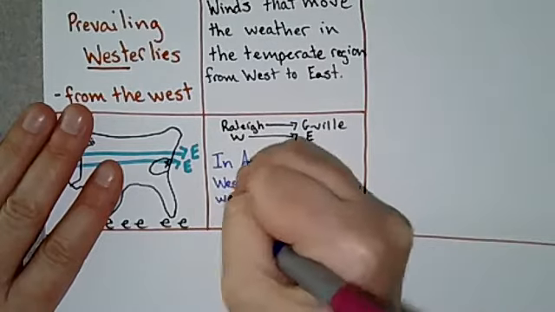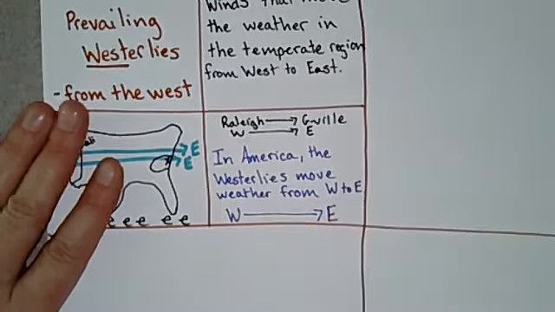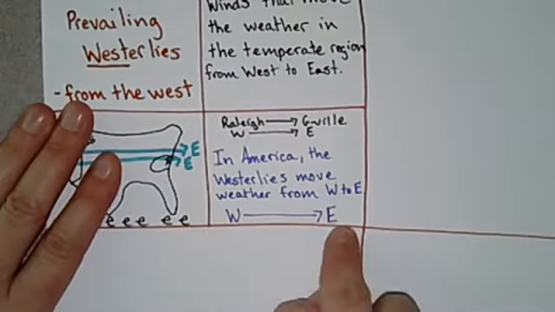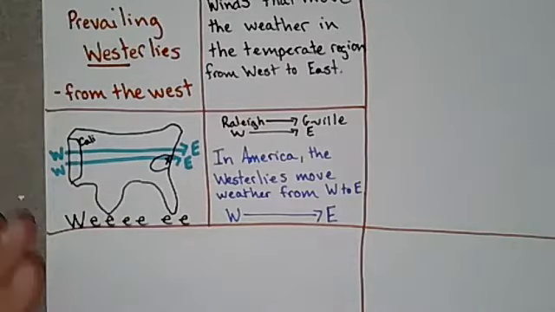And then I want you to write from the west to the east, not ew. Wee. Those are called the westerlies.